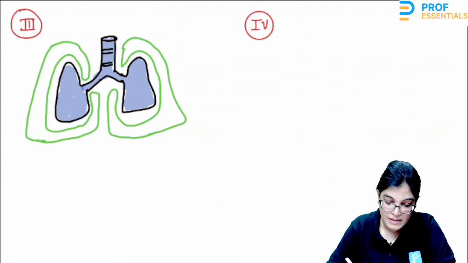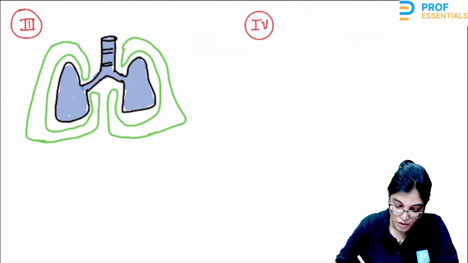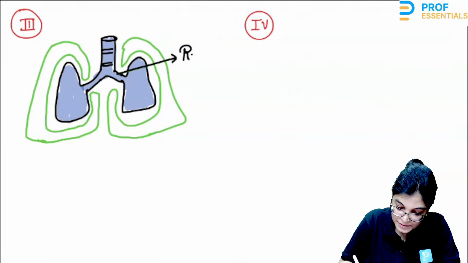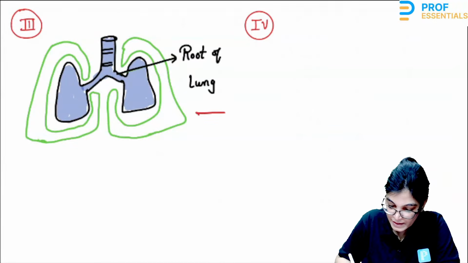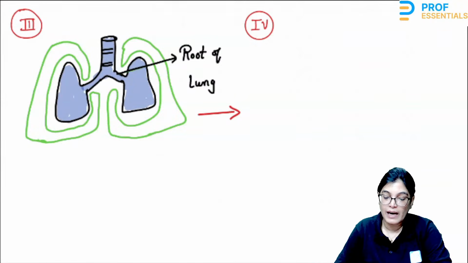As you can see, this developing lung is traversing from the medial side through the root of lung. This will be the root of lung.